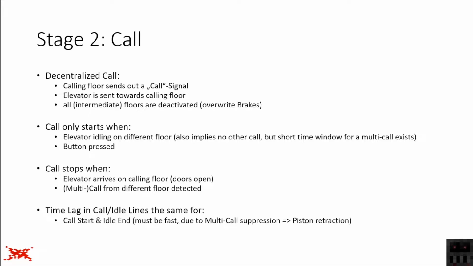Subsequently, the call start must be fast and the idle end must be fast. And subsequently correspond to the pistons retracting. On the other hand, the idle start and the end of the call can be delayed a bit. So this can be the piston extension.